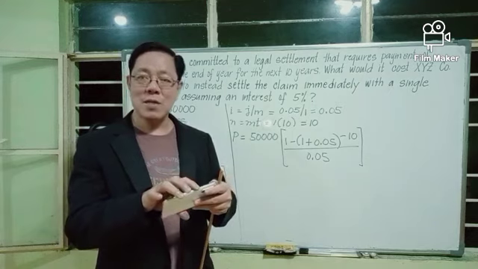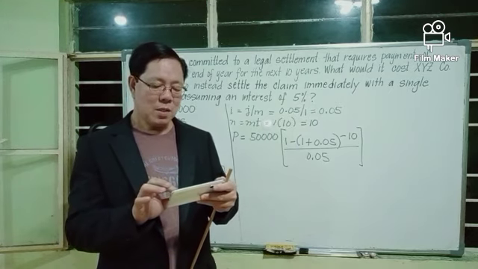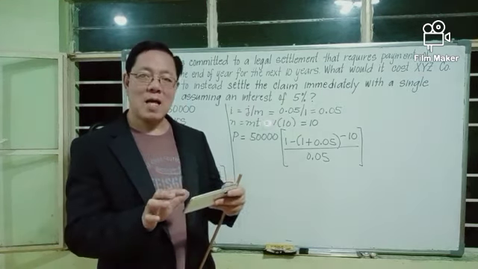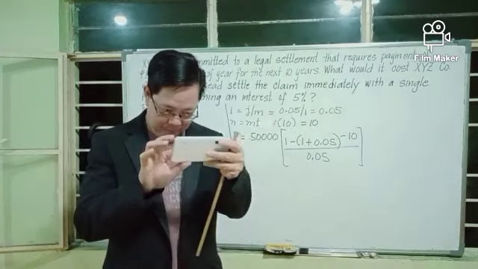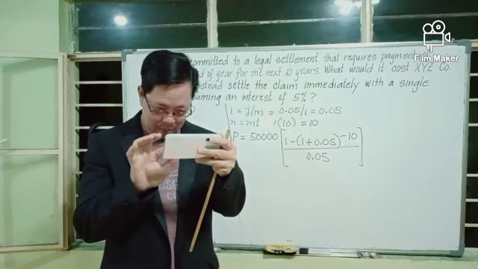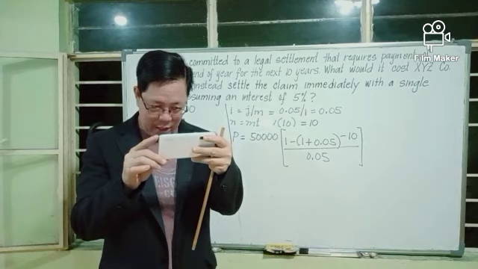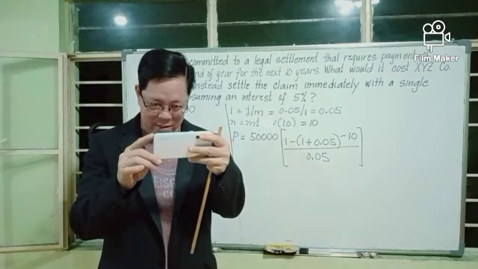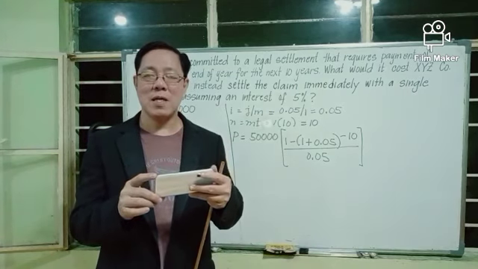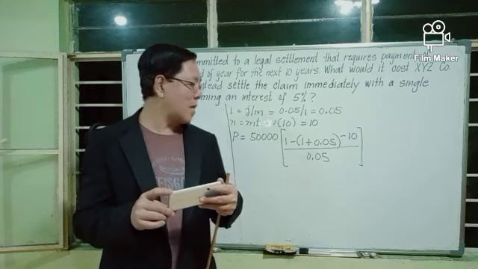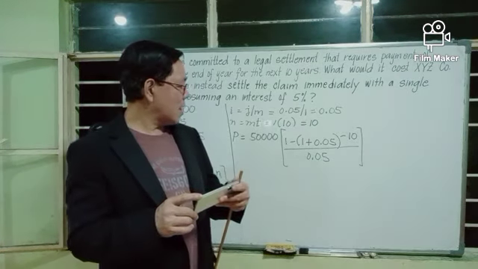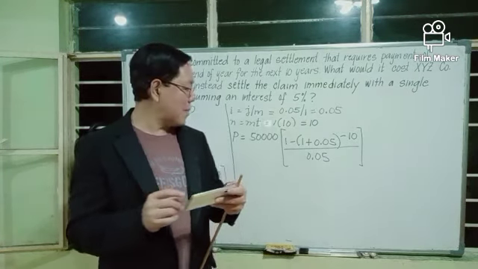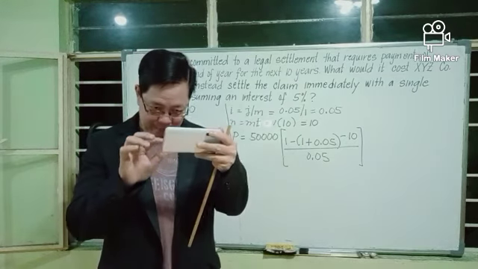And from that answer in your calculator, you subtract that answer from 1. And you should get 0.3860867. Again, it's a non-terminating decimal number. And that answer in your calculator, you divide by 0.05.